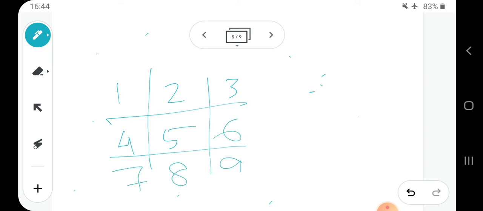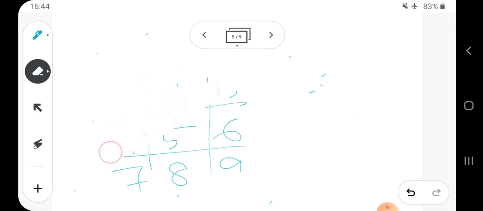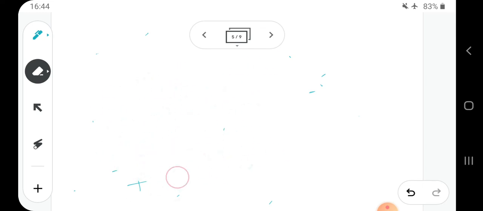These are 9 possible options, and the first player can take any one of these 9 positions and start the game.